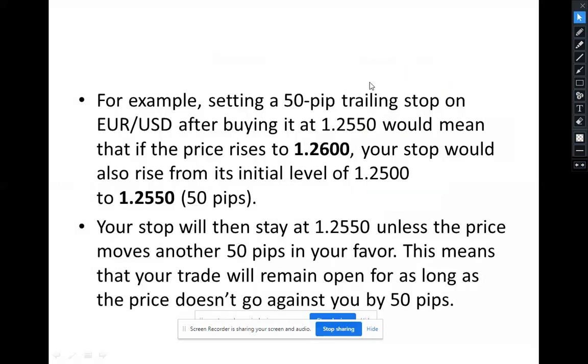Now, for example, let's say you set a 50 pips trailing stop on EUR/USD after buying it at 1.2550. Okay, you buy at 1.2550.